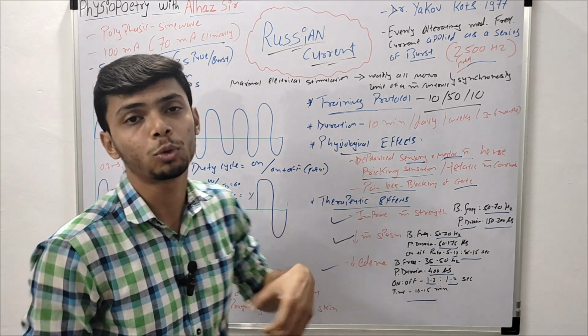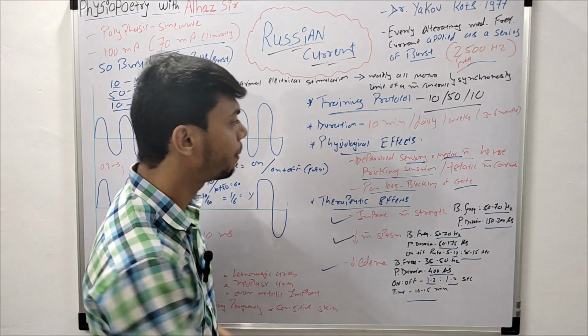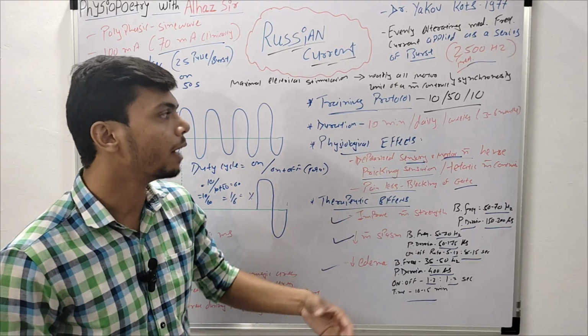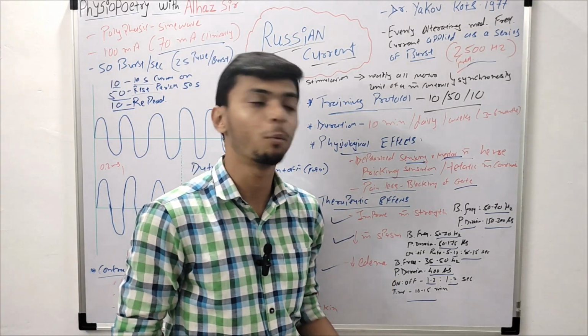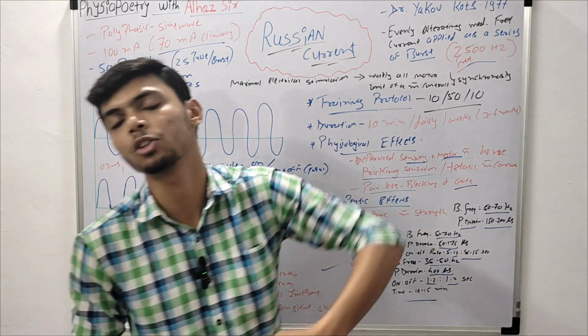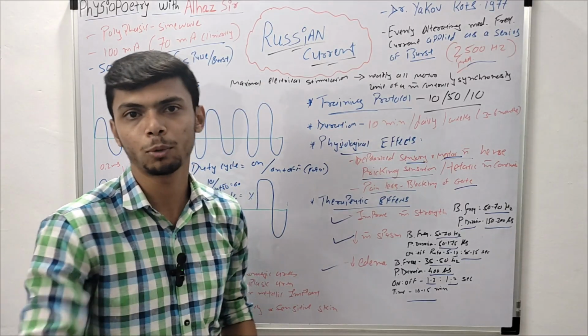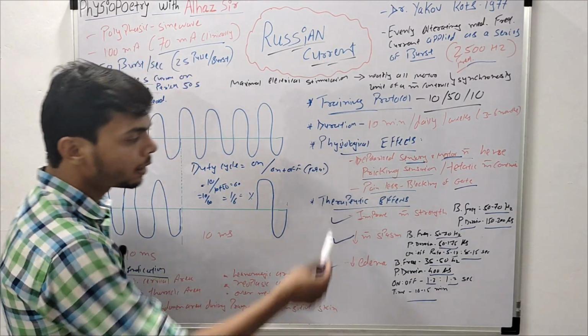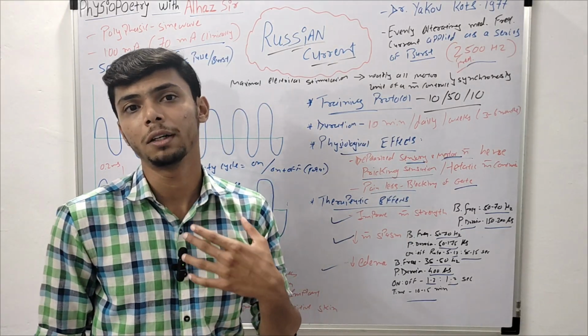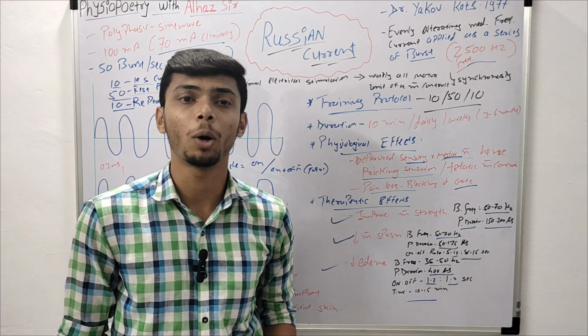What I have mentioned here, you can elaborate it a little bit. You can mention the depolarization of a sensory nerve and depolarization of a motor nerve. Explaining it a little more, there will be a pricking sensation, and the afferent sensation will go to the brain. You can add that on and write it. Under therapeutic effect, these are the parameters which you have to remember. There is no option in it.